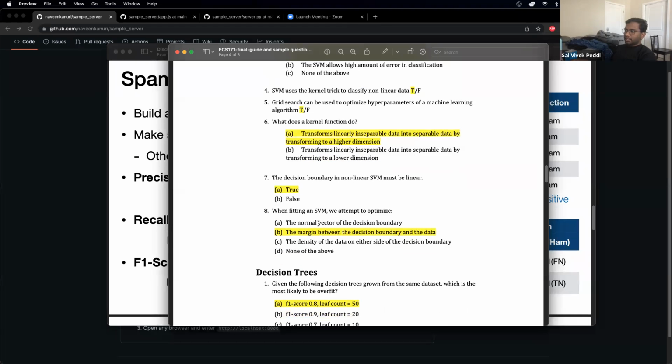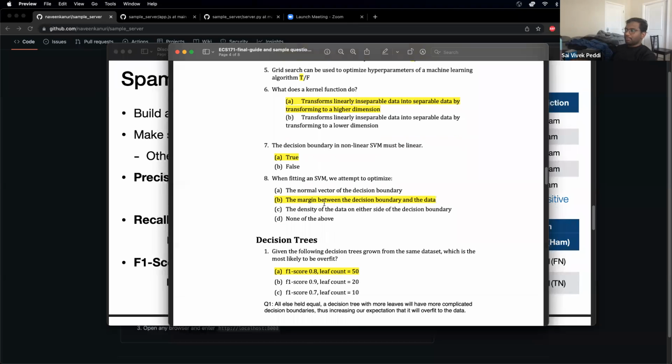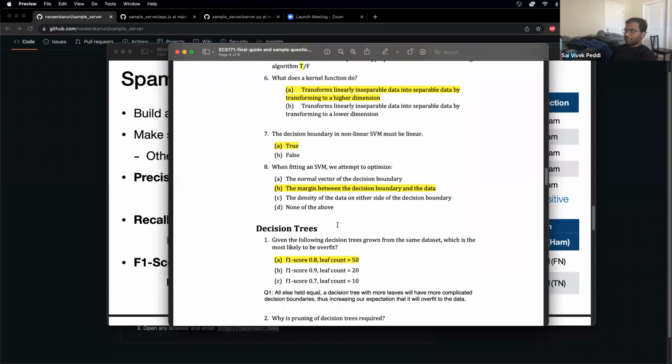When fitting an SVM, we attempt to optimize the margin between the decision boundary and the data. If you have a line separating the positive values and negative values, you find the distance of this line from each of the points, and then you try to optimize it. That's what happens in SVMs.